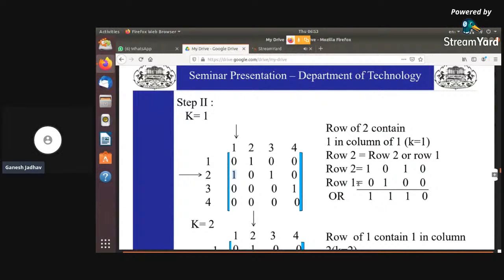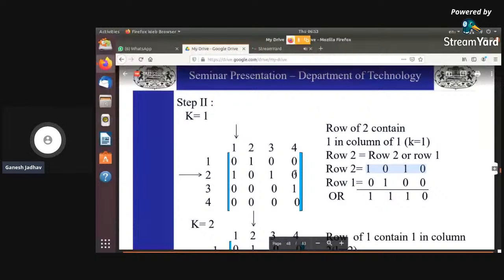So row 1 and the second row: second row is 1 0 1 0, and your row 1 is 0 1 0 0. Why is row 1 used? Because k is equal to 1.